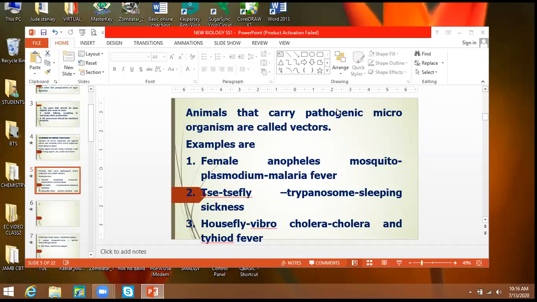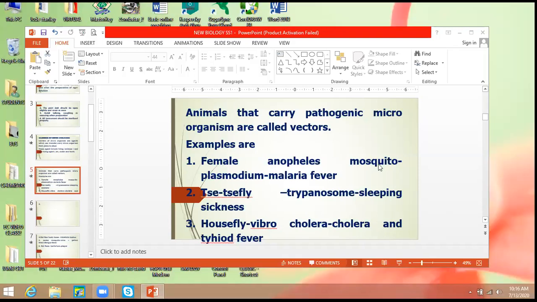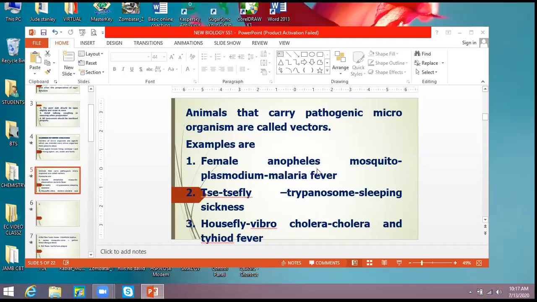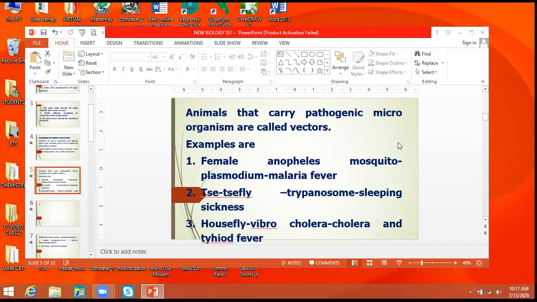Let me show you. Number 1, you have female Anopheles mosquito. That is the vector. Now, what does the female Anopheles mosquito carry? The parasite is Plasmodium. So your 3 columns will be the vector, the causative organism, then the disease they spread.